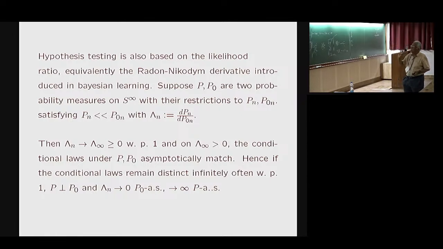Let's just take 2. Then if they are singular, the Radon-Nikodym derivative will go to 0. Because if it was positive with positive probability, their conditional laws would have asymptotically agreed, and I have assumed that they remain distinct, so they are not allowed to agree.